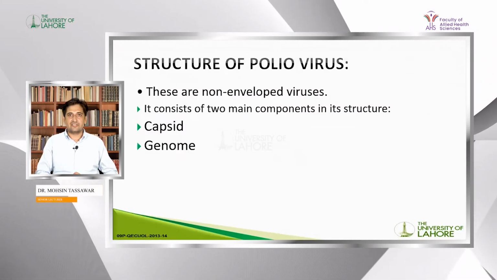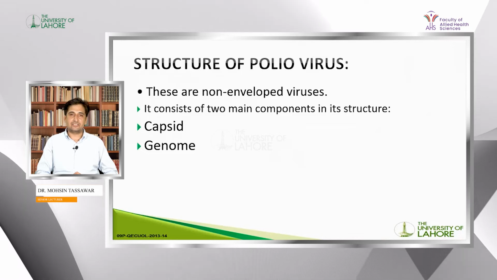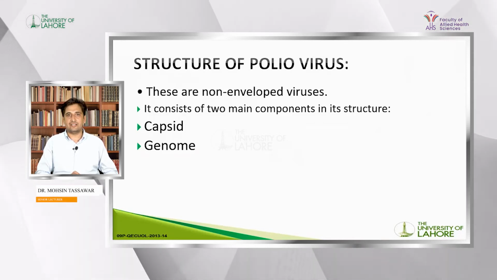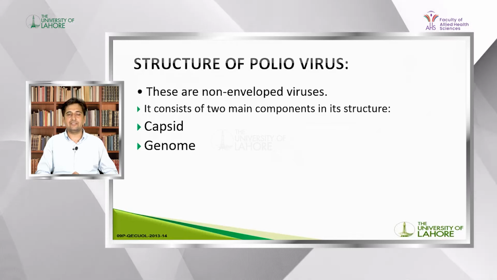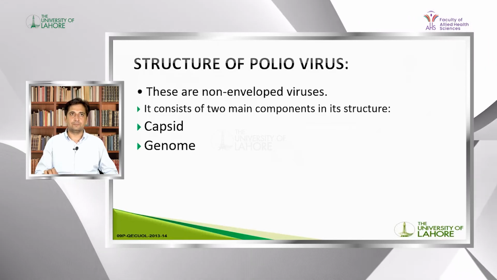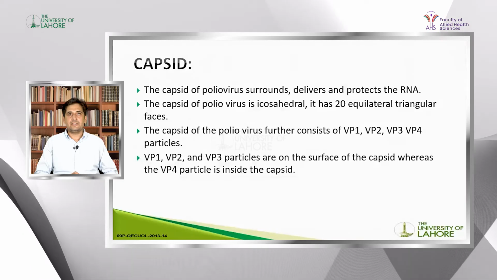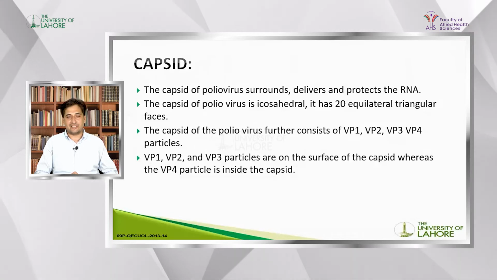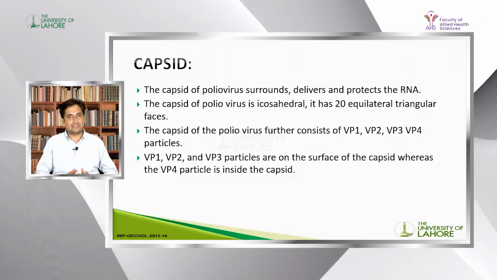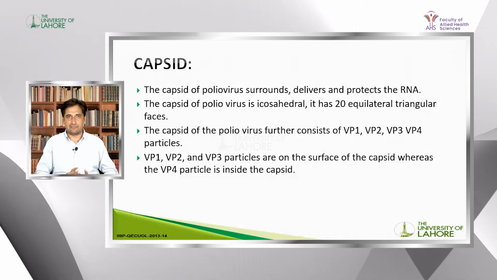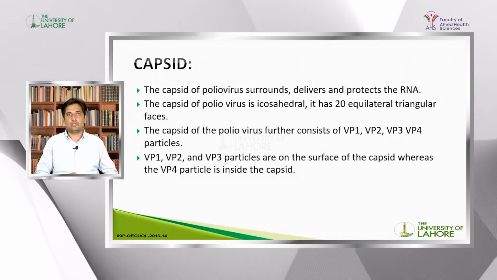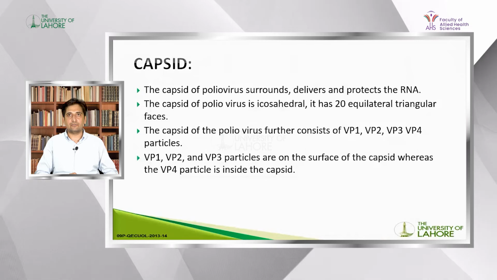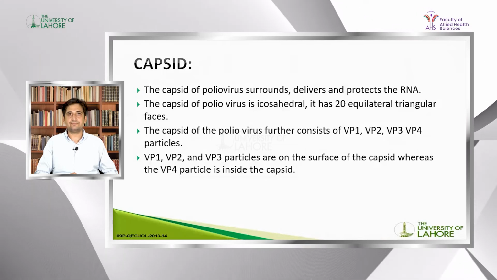Talking about the structure of the virus, it is a somewhat simple structure because it is a naked RNA virus, so it only contains capsid and genome. The capsid of the poliovirus surrounds, delivers, and protects the RNA. That is the major function of the capsid in every virus. The capsid of poliovirus is icosahedral in its structure, which has 20 equilateral triangular faces.